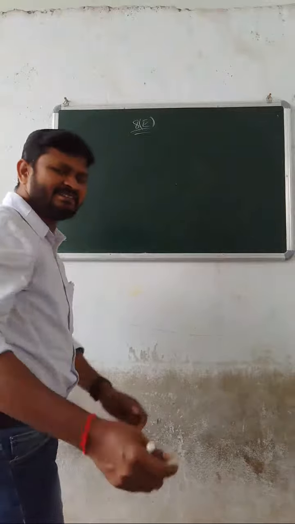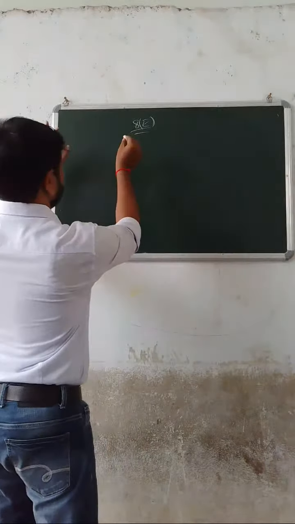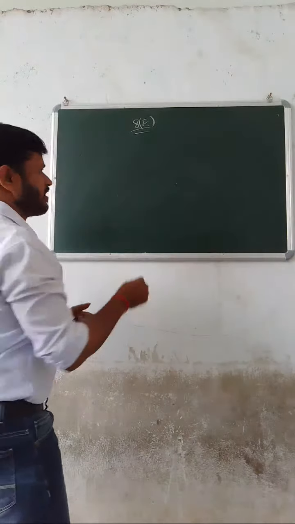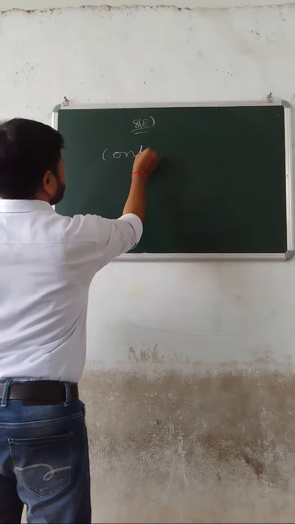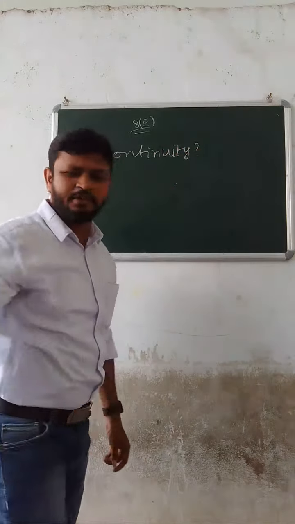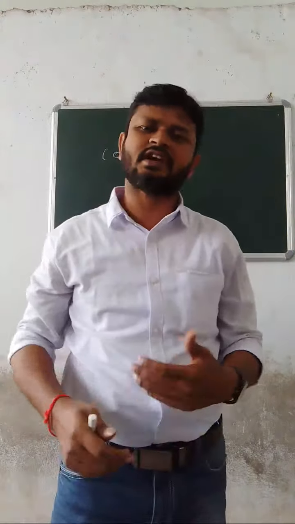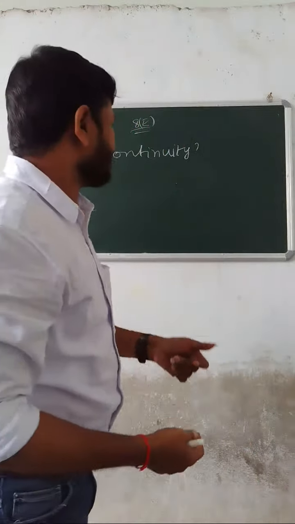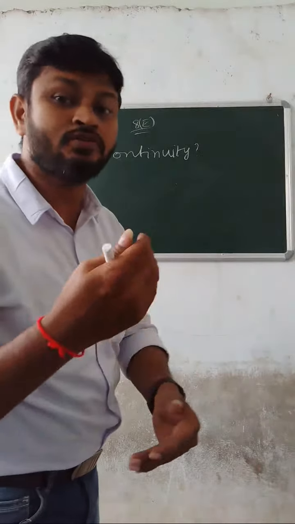Okay, nice, thank you. So first of all, what is continuous, what is discontinuous? We have to know what continuity means, that is, continuous or discontinuous. If it is continuous or discontinuous, how should you know?